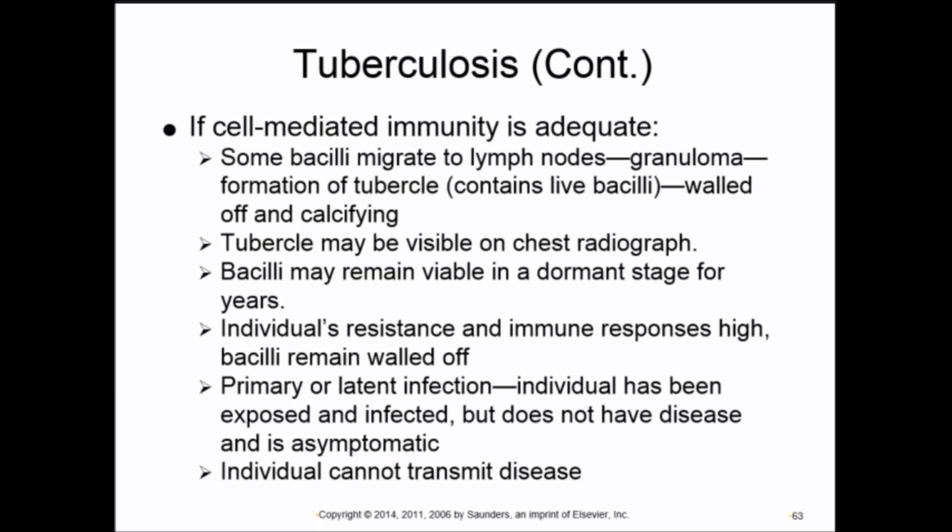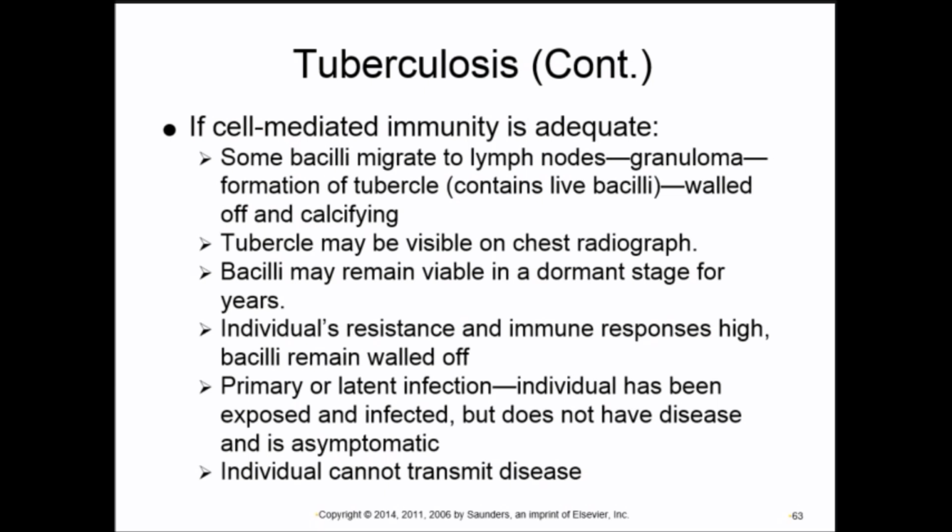The bacilli will still be alive, and it will surround itself with calcium and a wall, and you can actually see that in the X-ray. You see white spots, because the calcium is shiny in the X-ray.